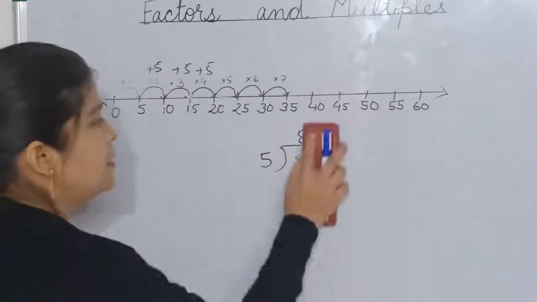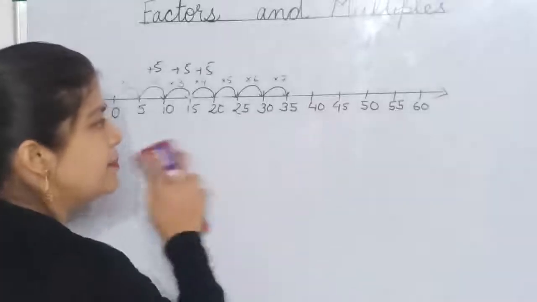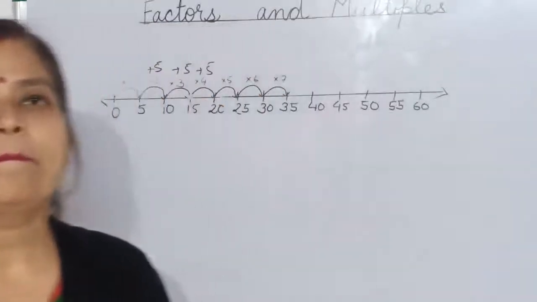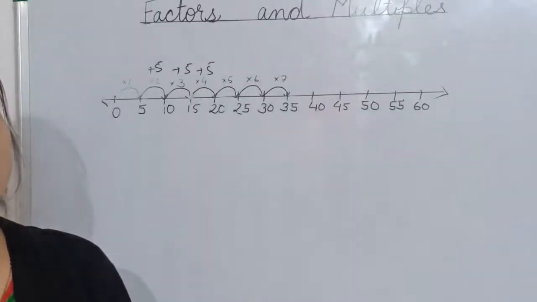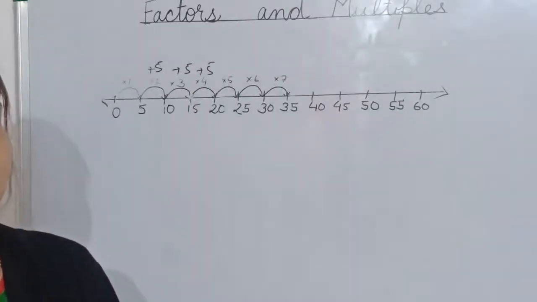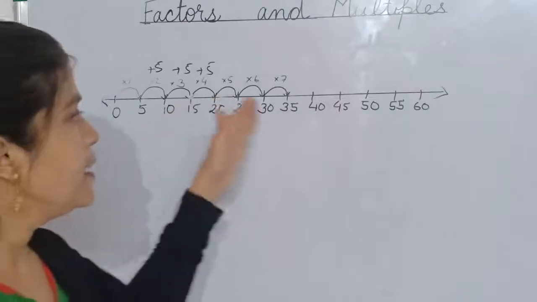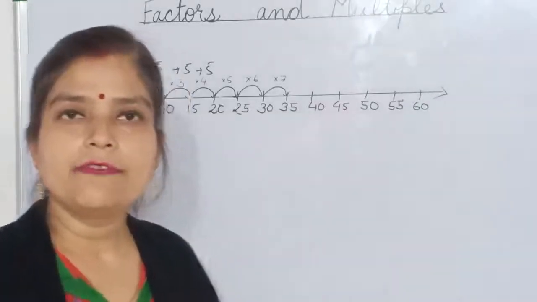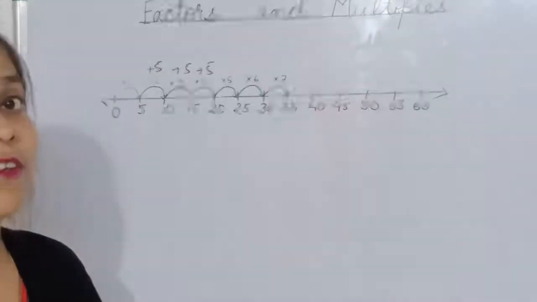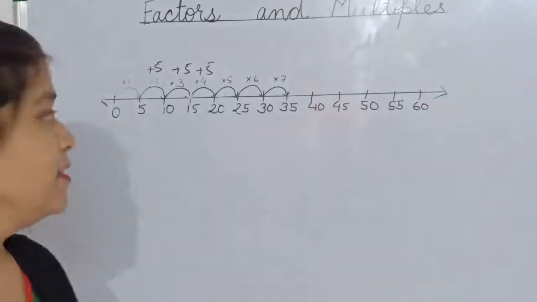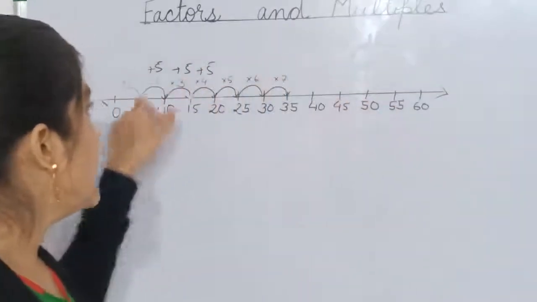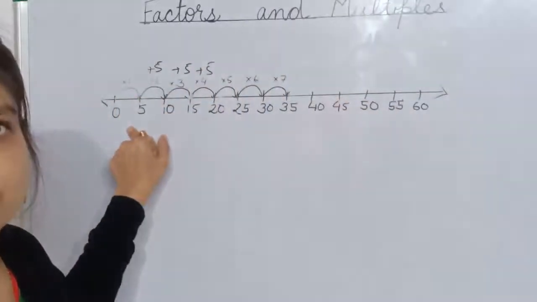Now just now I said whatever numbers we find in the number line, those are completely divisible by 5. 5 can completely divide this number leaving no remainder. Then 5 will be the factor of this number. Whatever number is there, of this number, 5 is the factor.